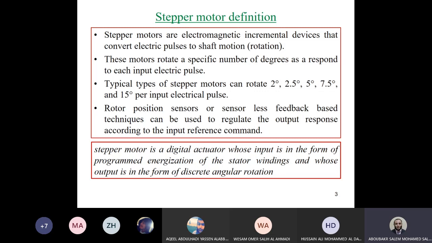When you would like to print one line on a paper, you have to stop the motion of the motor in order to print the line. Otherwise, if the motor is rotating and the cartridge is moving on the paper, the line will not be aligned horizontally. It will be moving down. So it will not print in the right way.